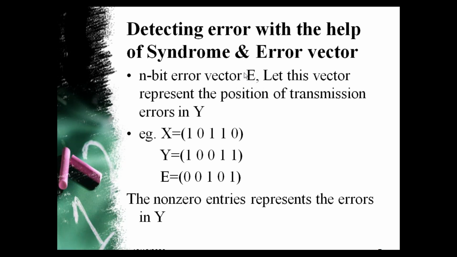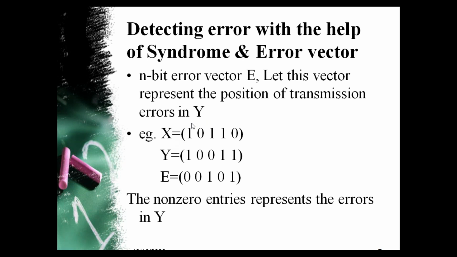Therefore, for an 8-4 linear block code, the error vector will be an 8-bit vector. This error vector represents the positions of the transmission errors in y, that is, in which bit positions the errors are in the received vector.